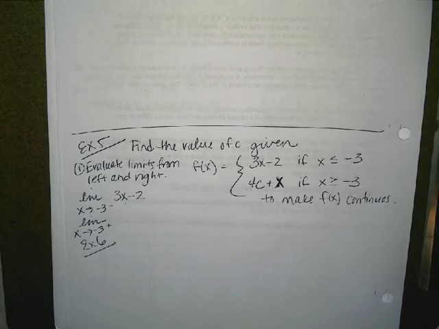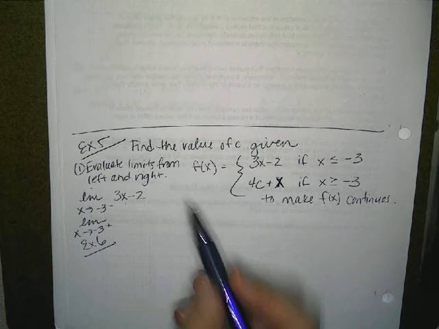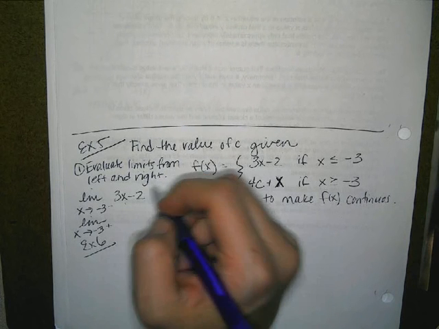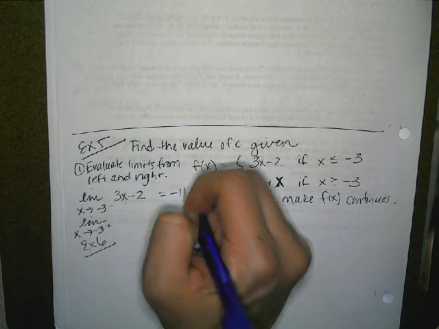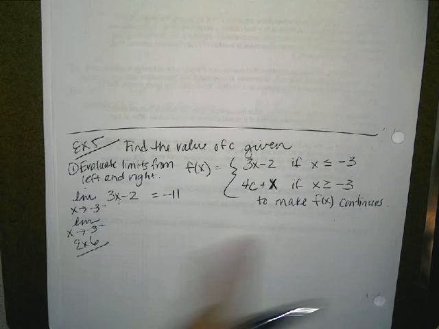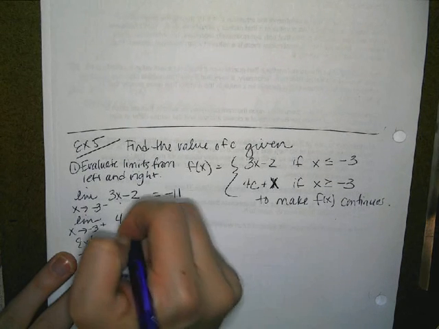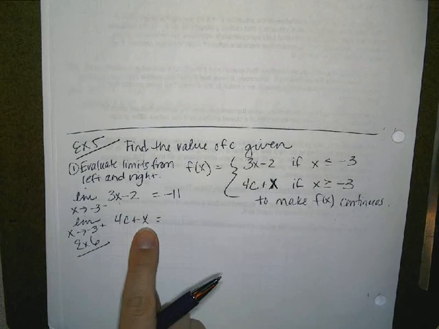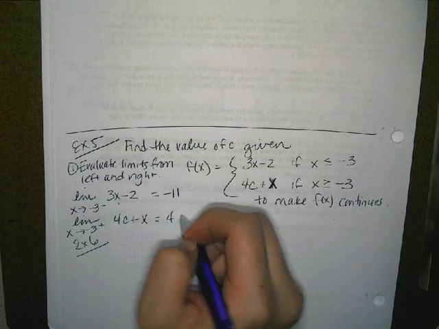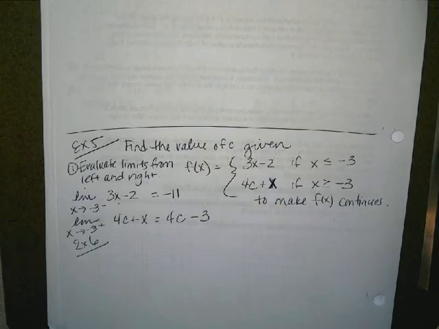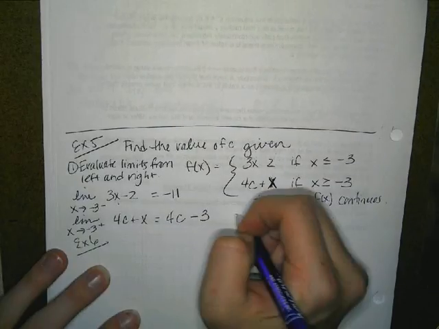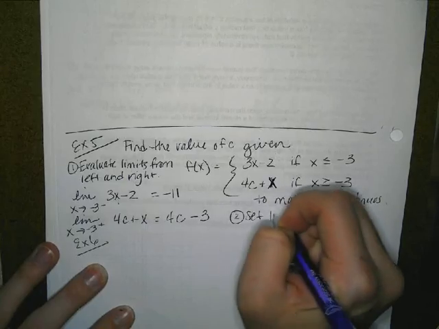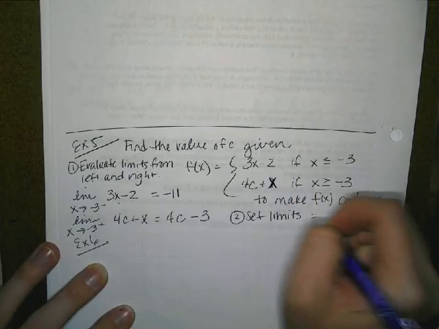Okay, so when I plug in negative 3, negative 3 times 3 gives me negative 9, minus 2 gives me negative 11. If I plug negative 3 into this other function, I just get the expression 4c minus 3, right? Yep. So then your second step would be to set your limits equal to solve for c.